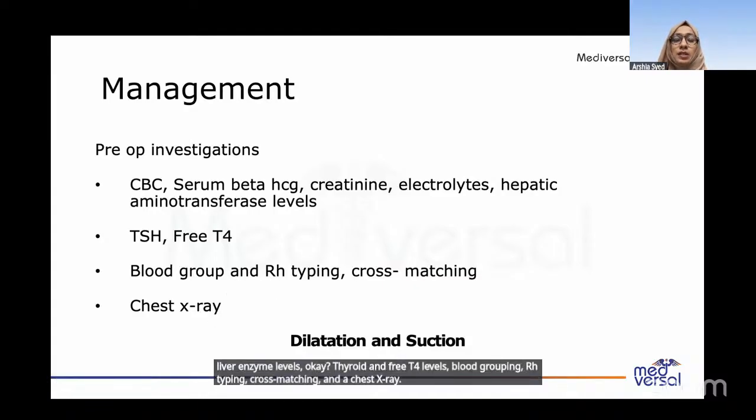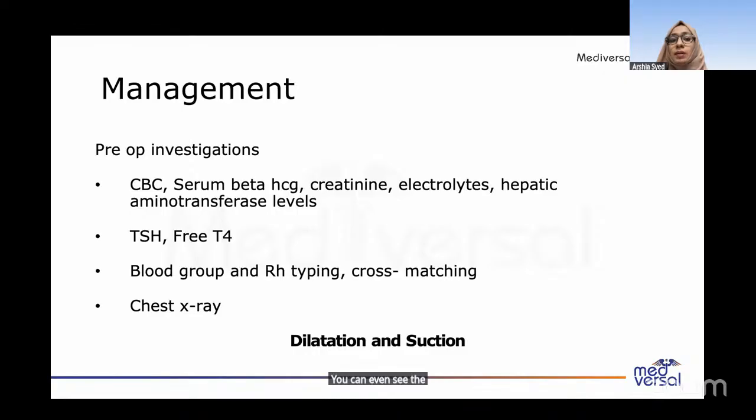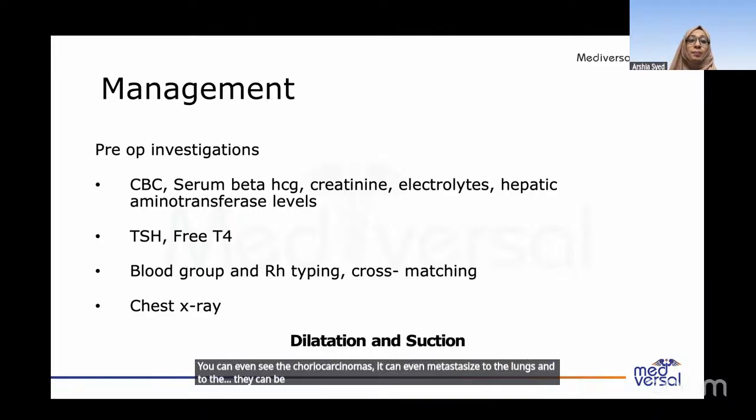Chest X-ray because sometimes you can even see choriocarcinomas. It can metastasize to the lungs and can also metastasize to the brain. So to rule out metastasis, you would do a chest X-ray.